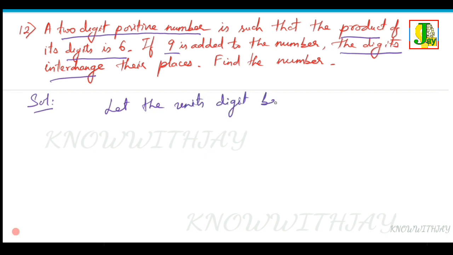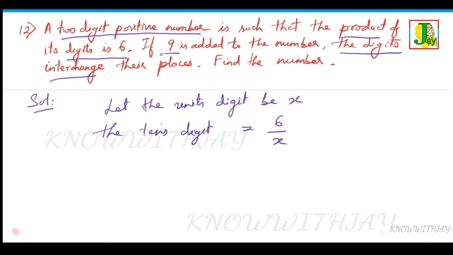The tens digit into units digit is 6, so the tens digit is 6 by x, because the product is 6, so x into the tens digit is 6 and the tens digit is 6 by x.